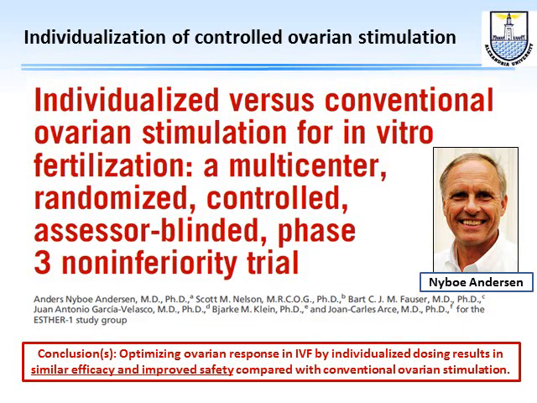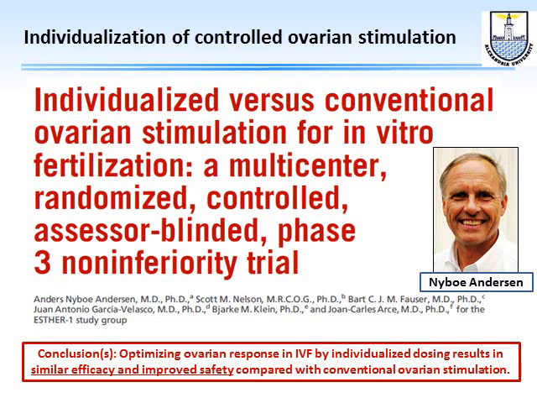But then, does this strategy work? Now it's apparently still early to say if it works or not, because according to this study by Nyboe Andersen and others like Juan Garcia-Velasco and Bart Fauser, they individualized the patients according to the level of AMH.